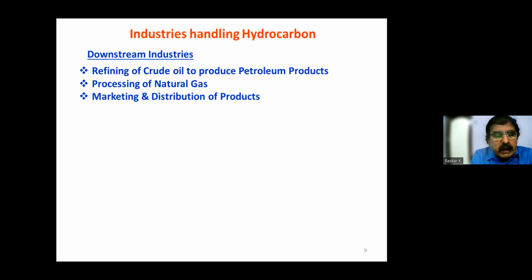If we have a refinery at Chennai, and the product has to go to Trichy or Madurai, even Nagapattinam, right? So it has to be transported in a proper way so that all will get the product. So this comes under the purview of downstream industries.